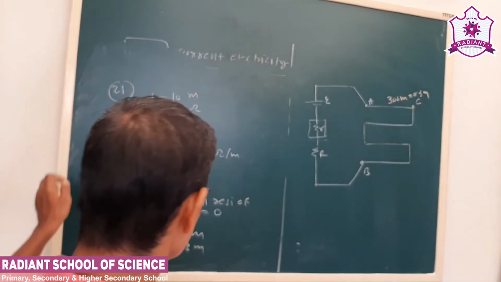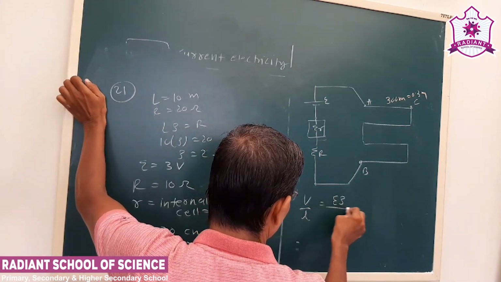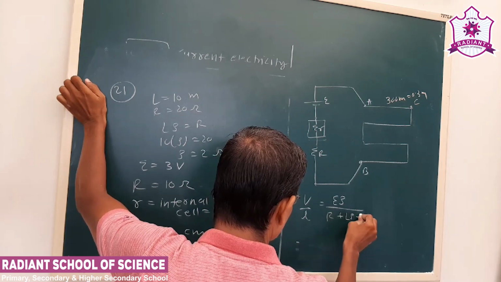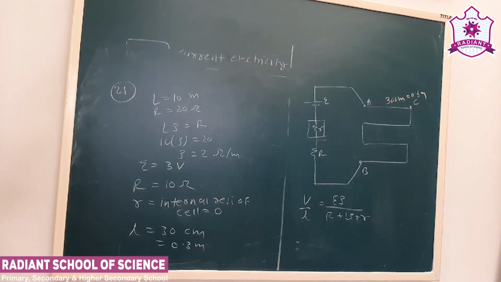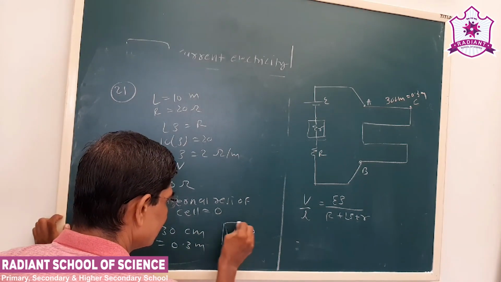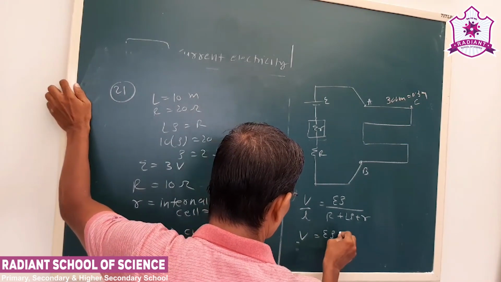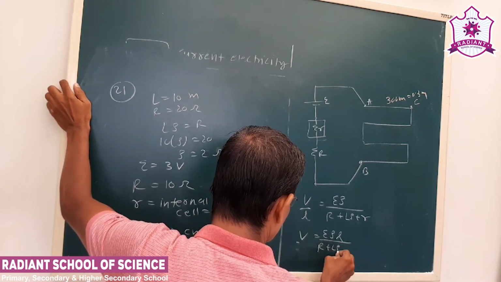Now see our formula. V by L is E rho upon R plus L rho plus r. Okay. Now V is a potential difference we have to obtain. Now V will be equal to E rho L upon R plus L rho plus r.